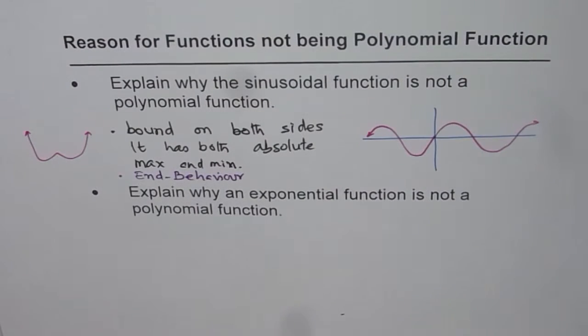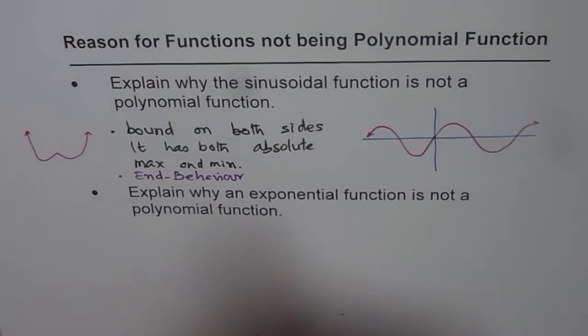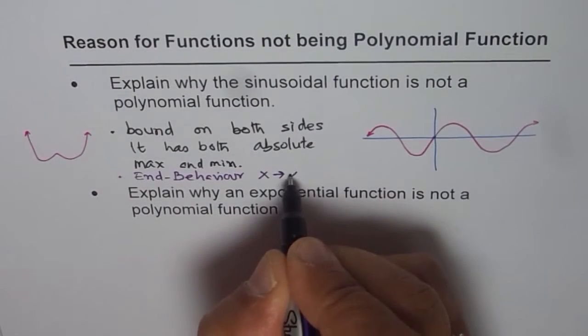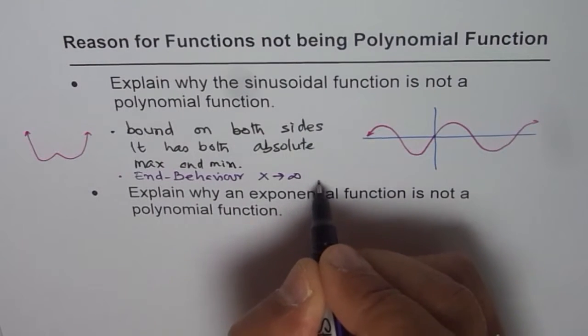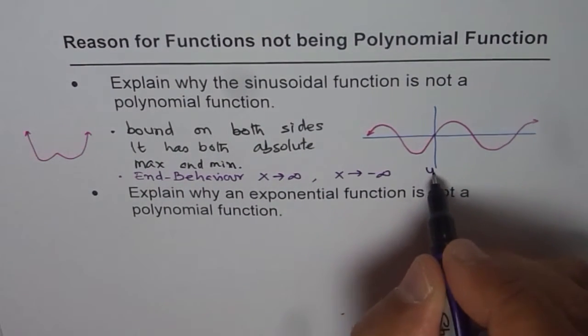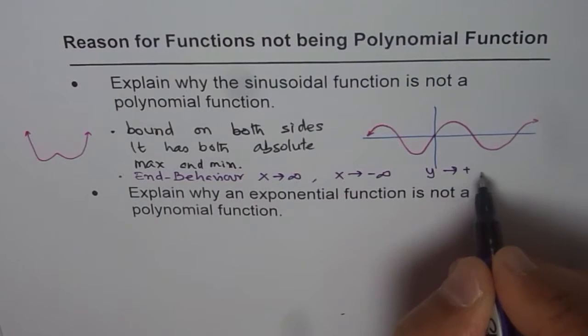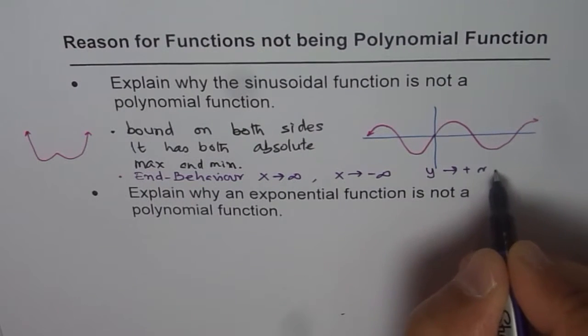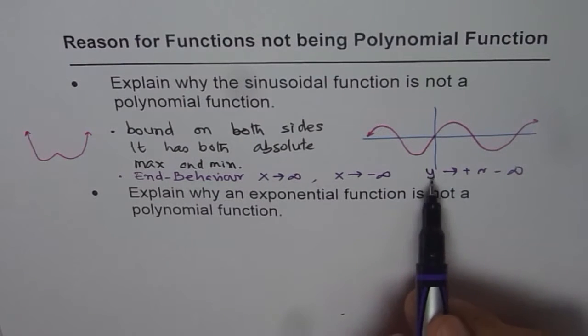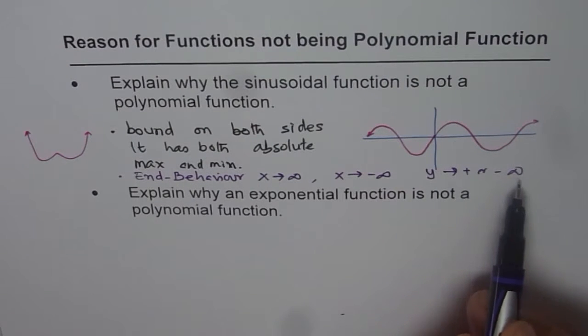Well, there could be many reasons, but I'm trying to give you two very critical reasons. The end behavior is that as x approaches plus infinity, or as x approaches minus infinity, y should approach plus or minus infinity. For any polynomial, y has to approach plus or minus infinity.